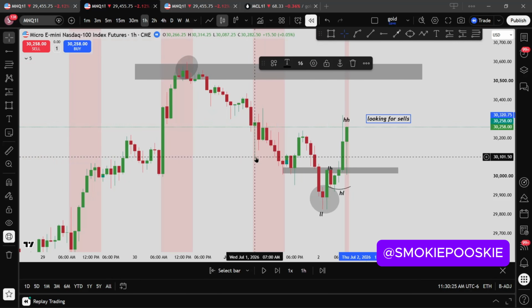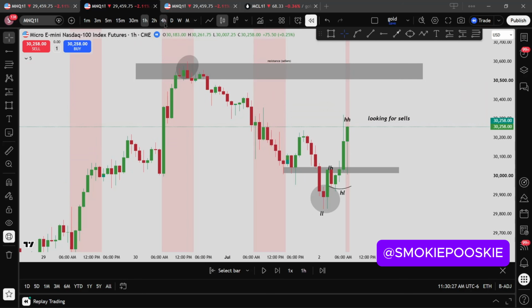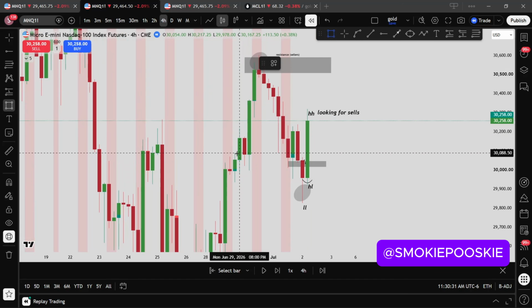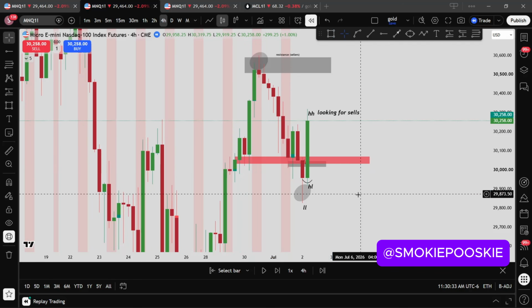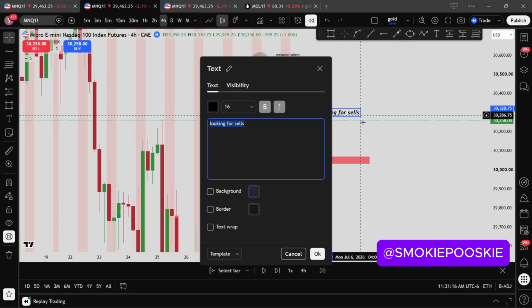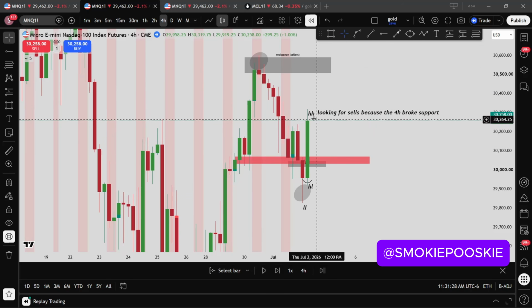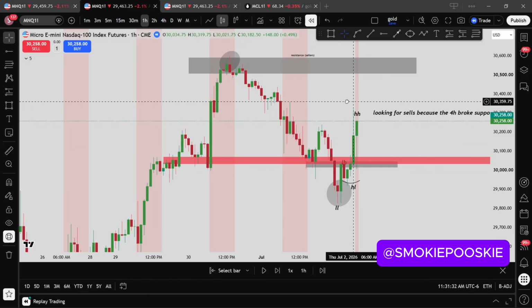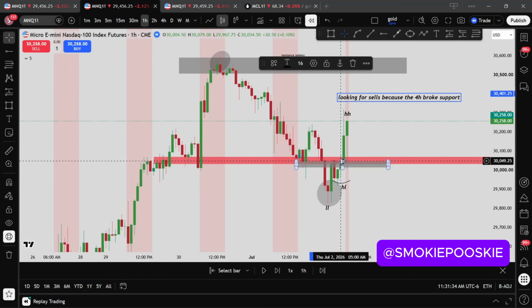Because I knew that the 4-hour is where you get your trend from, and the trend just broke support on the 4-hour. So I'm looking for sells because the 4-hour broke support. That's it. That's why you have to look at your 4-hour and find your structure for your 4-hour on the 1-hour.